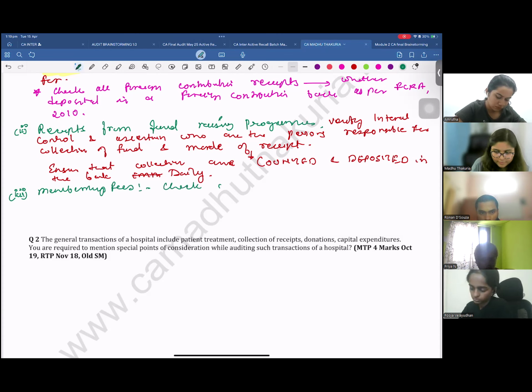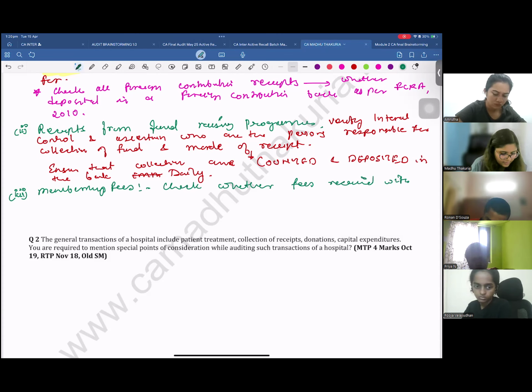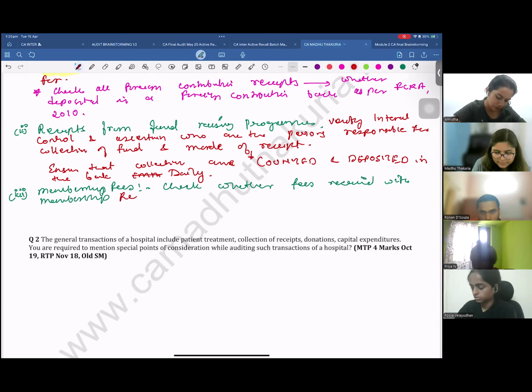Check whether fees received tally with the membership register. They would be maintaining the register for all the members. So check whether these fees are received with the membership register.